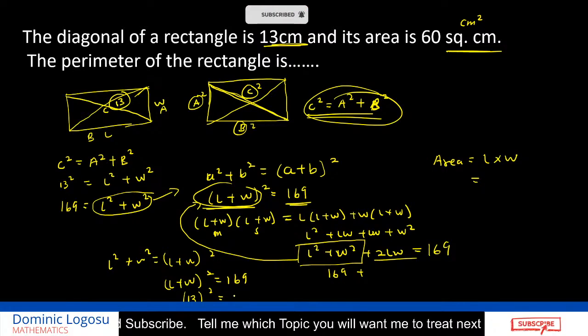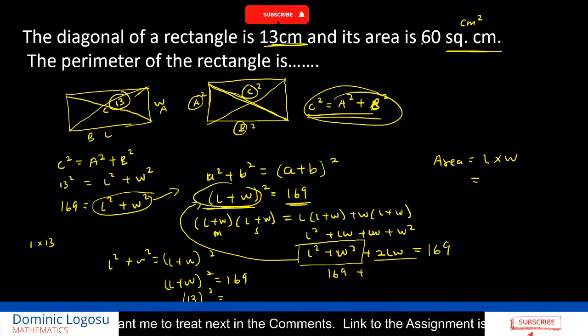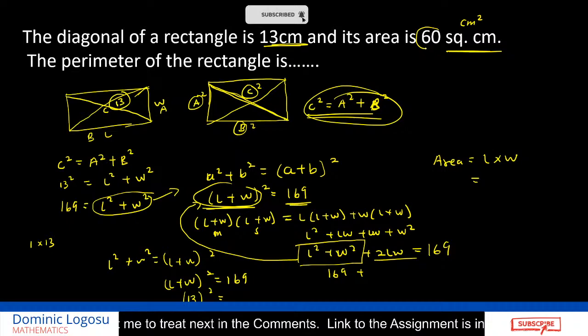Are we okay? 13 squared. Now I want to find out 13 squared. Okay, so there's an issue with this one. What two numbers will add to give us 13, but when you multiply, it should give us 60?